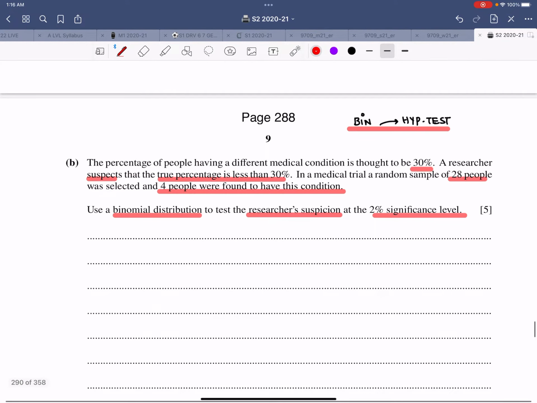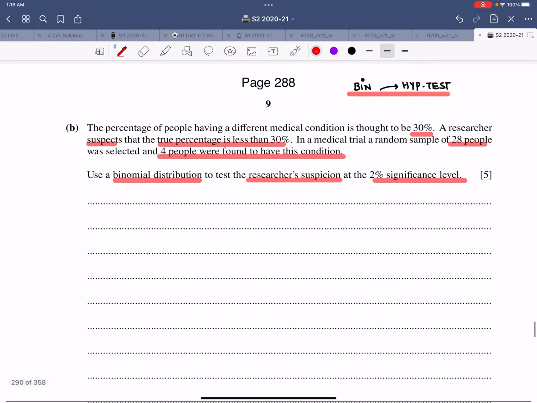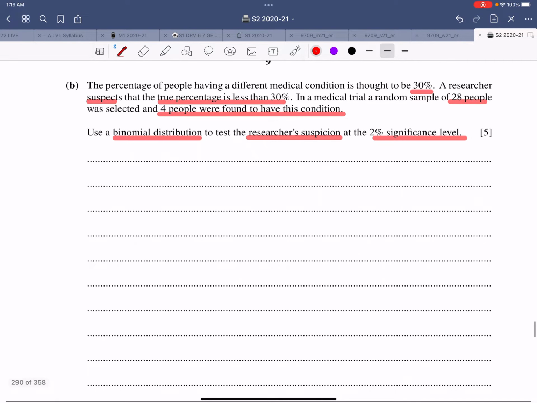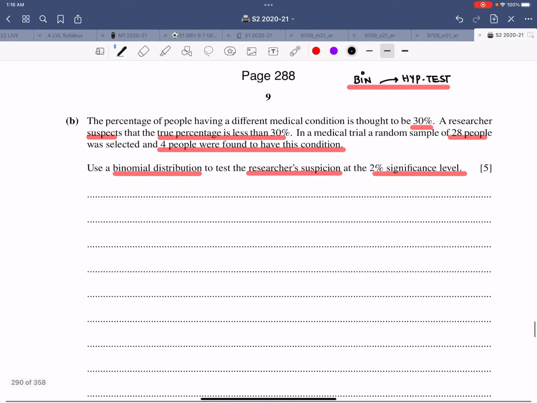Now let's go to the percentage part, the hypothesis part. It says you have to do the whole working for 5 marks. First of all, X follows a binomial distribution and n is 28 in this scenario. Probability of success is 0.30.